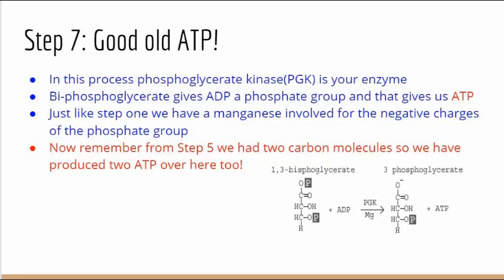Again, we have magnesium used in this, to shield the negative charges of the phosphate group a little bit. Now remember, from step 5, we had 2 molecules, so now we have 2 ATP over here too. And so the final product is 3-phosphoglycerate and ATP.